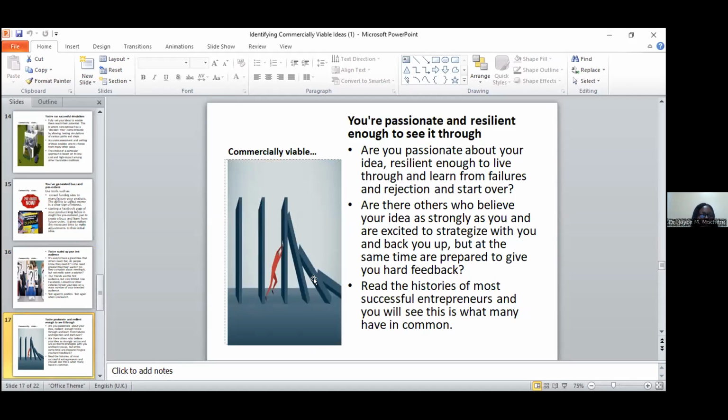So again, be passionate and resilient enough to go through it. I said earlier that there are challenges. There is nothing that you start in life that has no challenge. So if you are passionate and resilient enough to live through that, learn from failures and rejection, and start all over, then you'll be successful. Let other people believe in what you're doing.